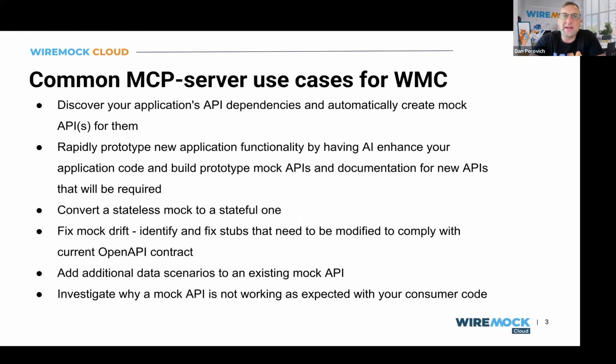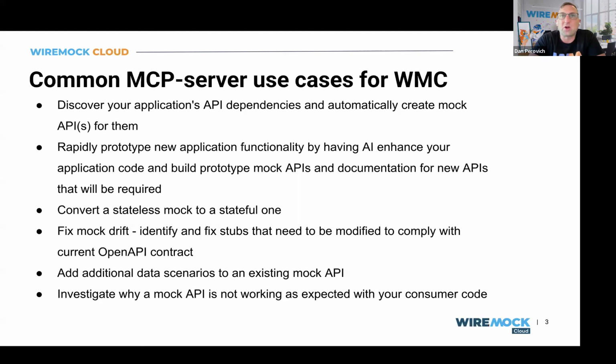Another exciting newer use case is fixing mock drift. So we've heard from customers, right, that, yeah, WireMock is great. We can solve for our immediate dependencies, especially third-party dependencies. But where the challenge comes is as that API continues through its iterations, its revisions, its updates, its new functionality, sometimes our mock APIs drift away from the real API.